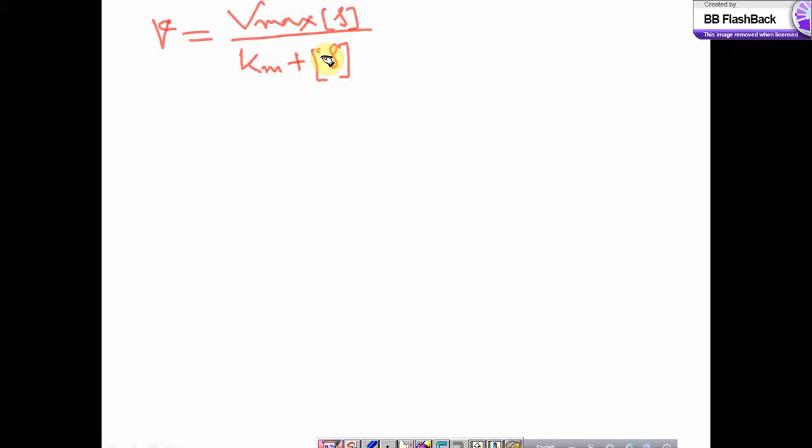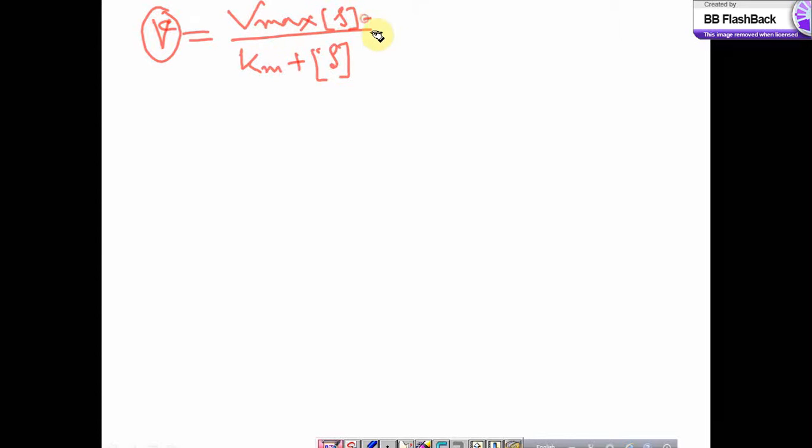I'm not going into the details of how you got this small v velocity and this Vmax S divided by Km plus S, but this v is the velocity of the enzyme in that reaction at that time. Vmax is the maximum velocity that much enzyme can attain.